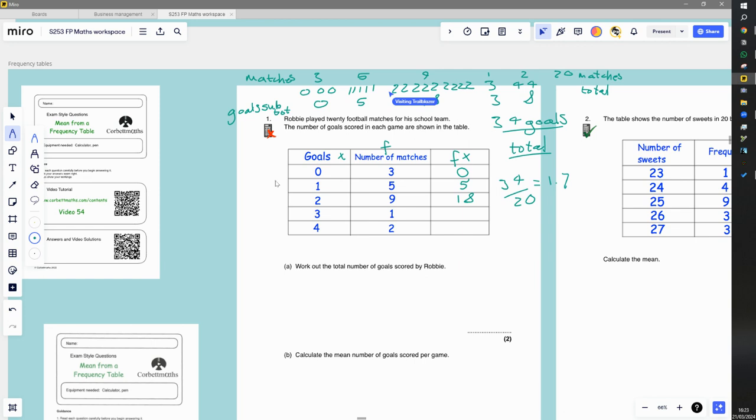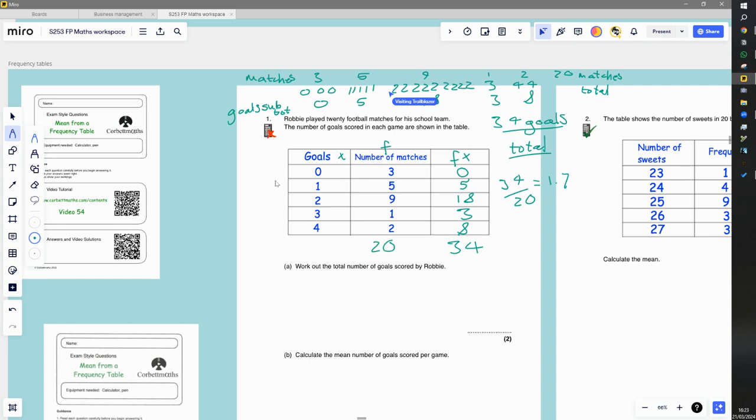We've got only 1 three, and we've got 2 fours, so that's 8. So then what we did to work out the total number of goals is we added this column up. Of course, we've already done that, but if we did it again, we'd get 34. Total number of matches, we added this one up, and we got 20 matches.